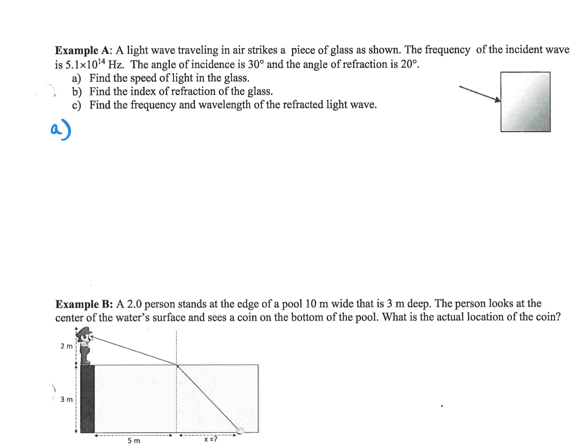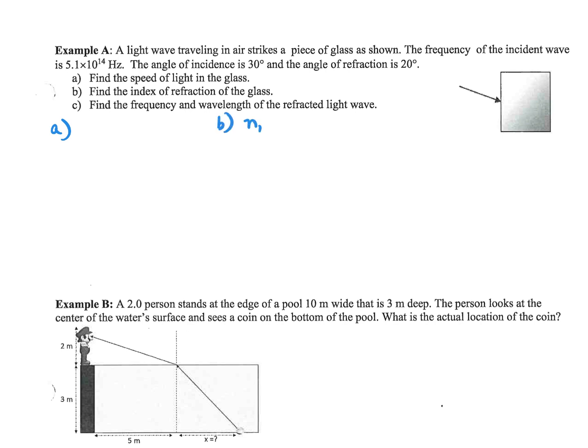Okay, so how do we find the speed of light in glass? Well, we can take the fact that the angle changes and then use that to find out how much n will change. And then n equals the speed of light over the velocity. Okay, so here we go. Maybe it makes more sense to find the index of refraction first. Okay, so let's find the index of refraction first.